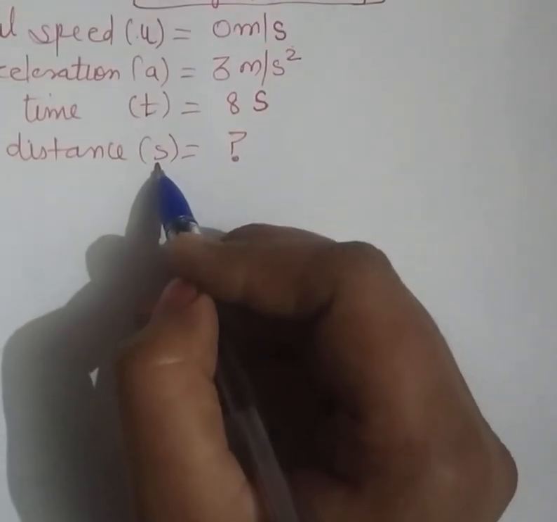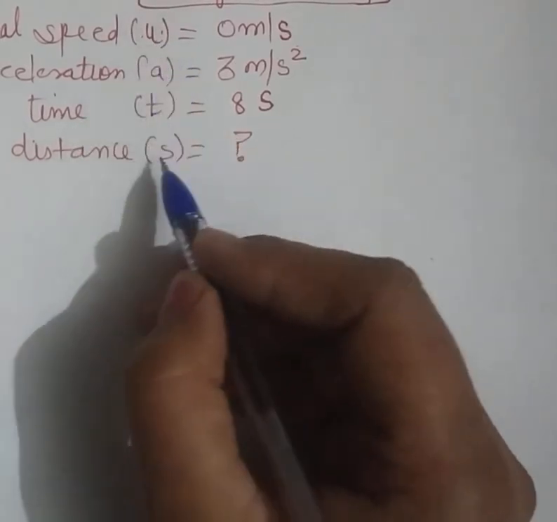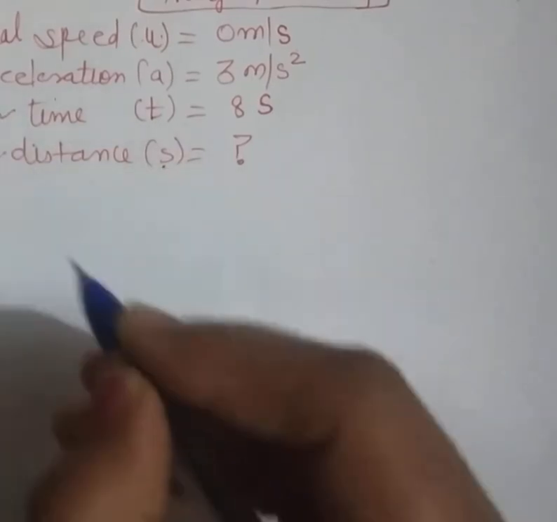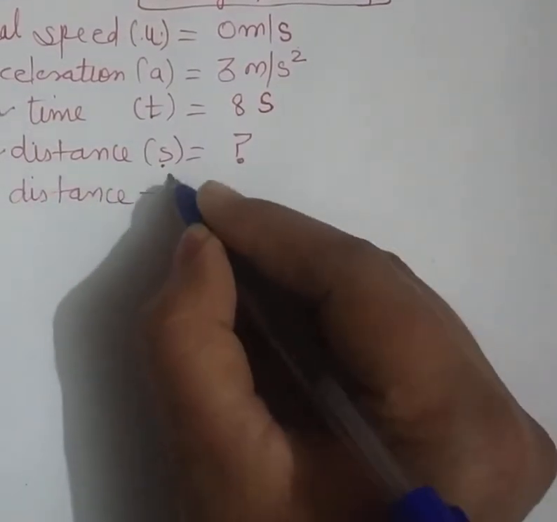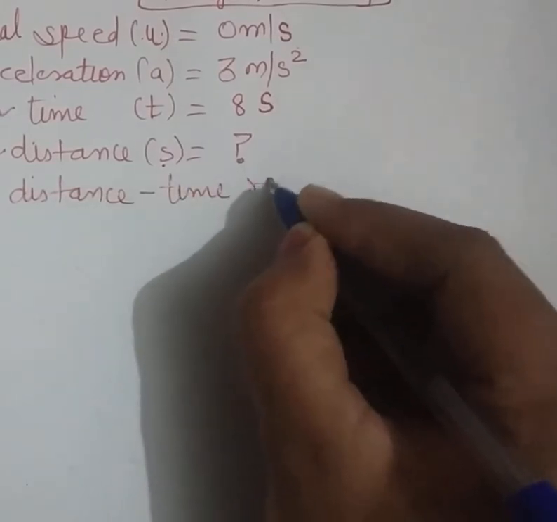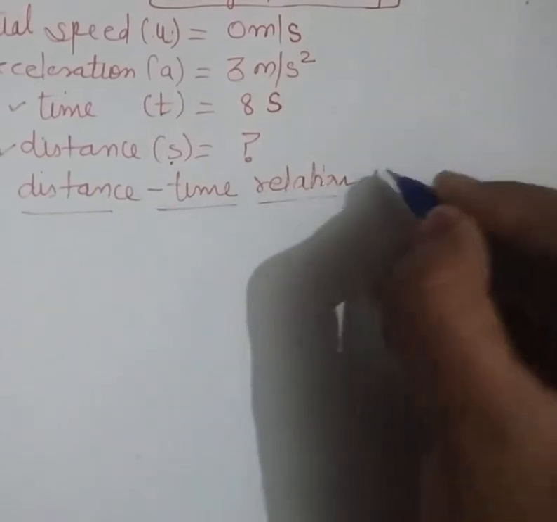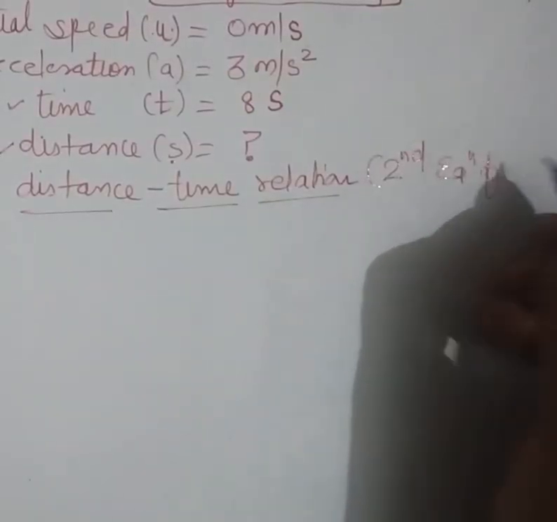Using the equations of motion, u and a are given, we are provided with time, and we have to calculate distance. So it is the distance time relation. Recall which equation is known as the distance time relation? That is the second equation of motion.